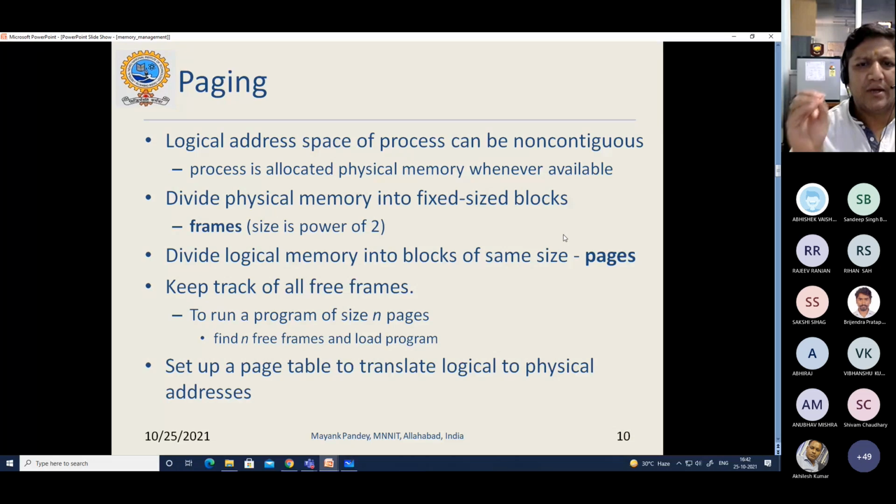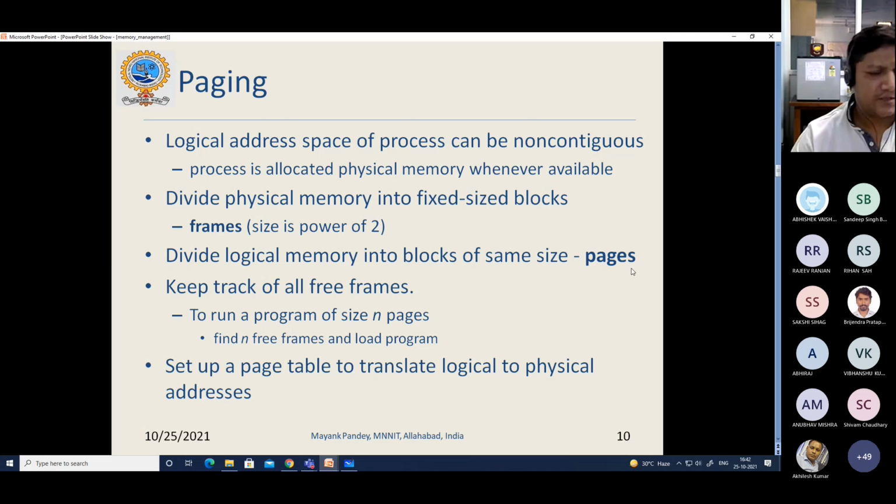A process is allocated physical memory whenever possible, wherever available. It's not like the whole process should be contiguously allocated in one memory partition. Divide physical memory into fixed-size blocks, which are known as frames. Divide logical memory into blocks of the same size, called pages.